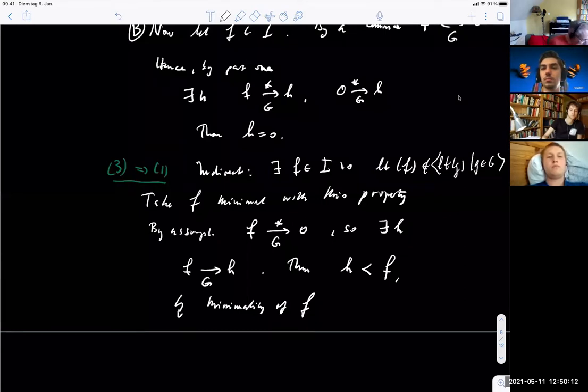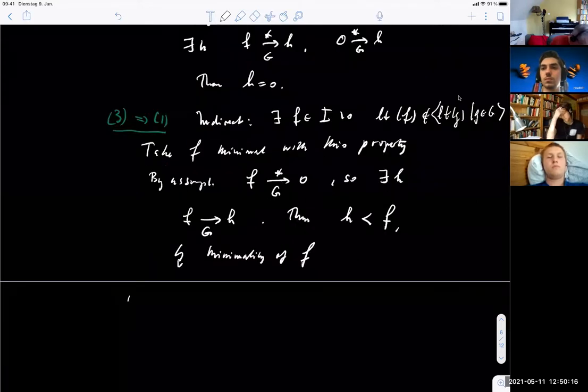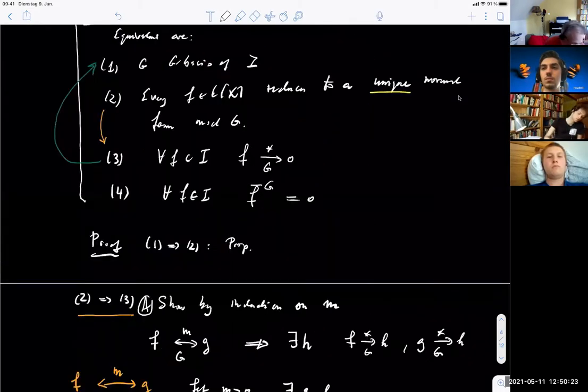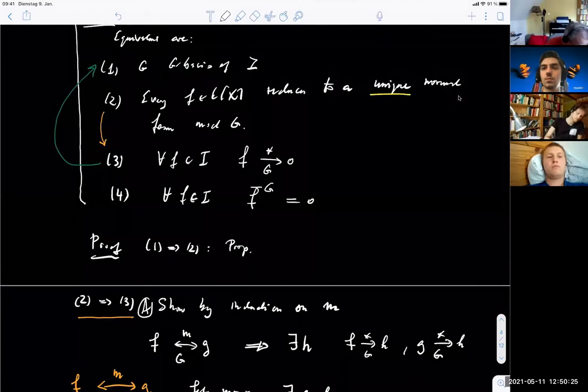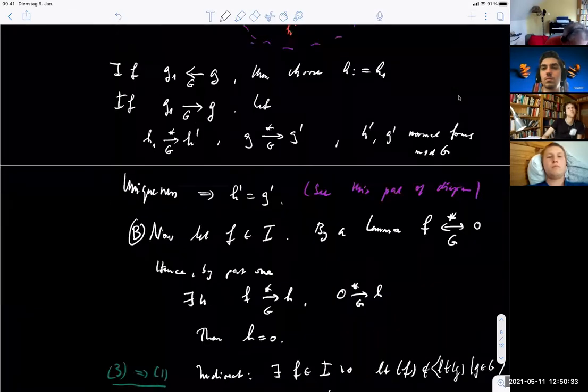Okay, so 1, 2, 3 were equivalent. Let's see. 1 goes to 4. I assume I have a Gröbner basis. Then division with remainder of any F in the ideal gives 0. This is by the corollary.